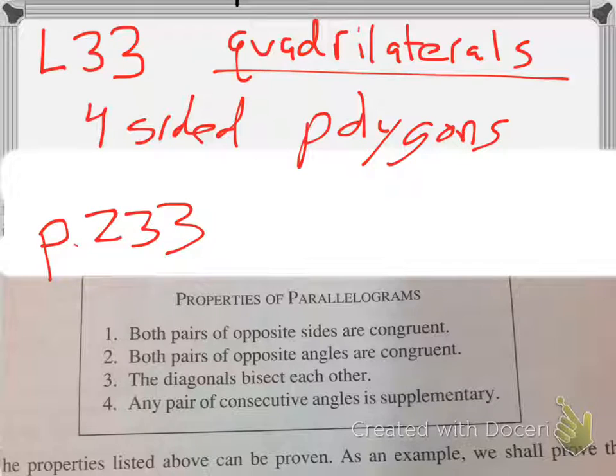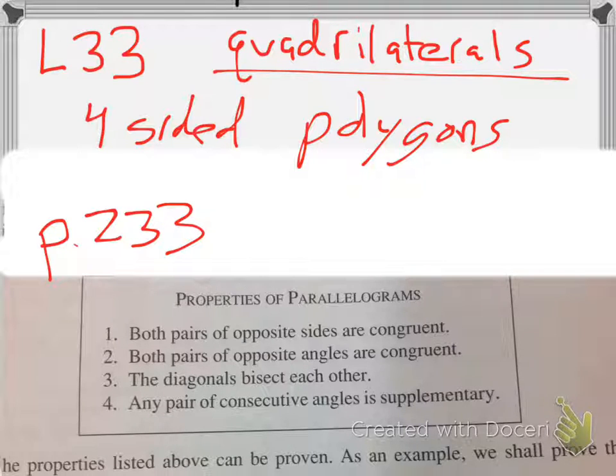So the properties of parallelograms. Both pairs of opposite sides are congruent. What would a parallelogram look like when both pairs of opposite sides are congruent, both pairs of opposite angles are congruent, and the diagonals bisect each other?